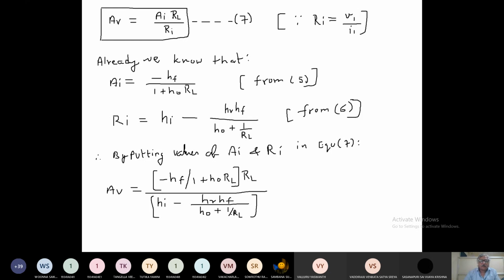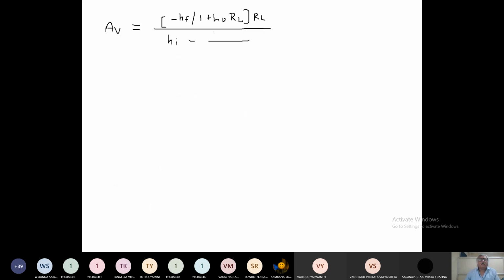So this will be H naught RL plus 1 by RL, so H naught RL plus 1, and it is divided by RL.